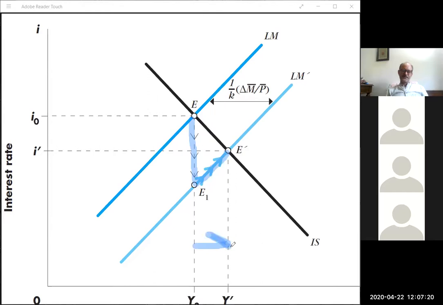But insofar as the rate of interest is concerned, it's rather peculiar: from here it falls to this point, and then it starts to increase. So it's a very peculiar rate of interest change. At first it falls, and only then it starts to increase.